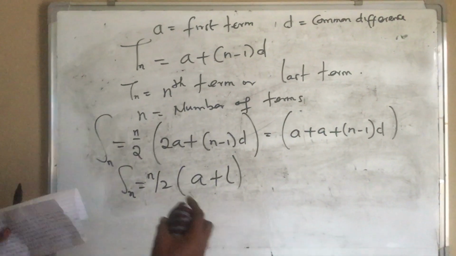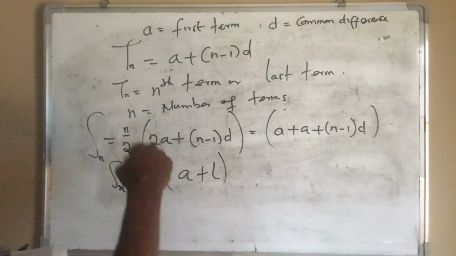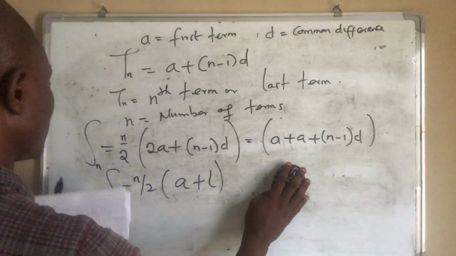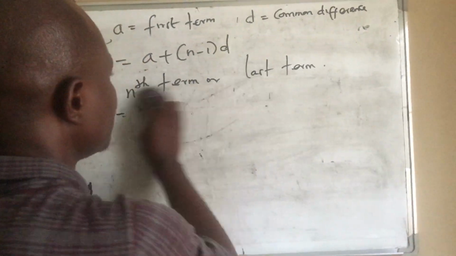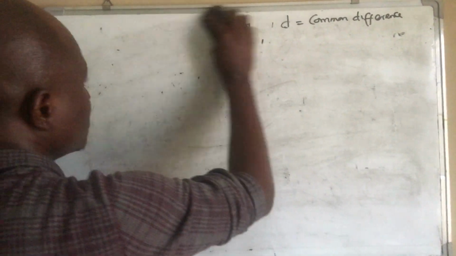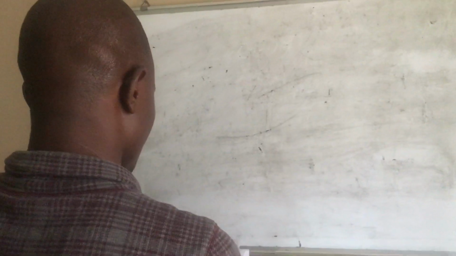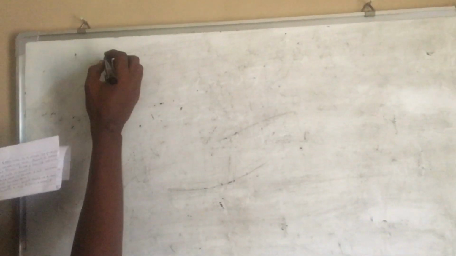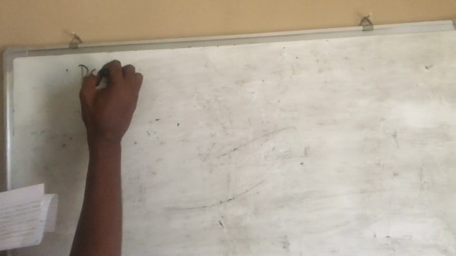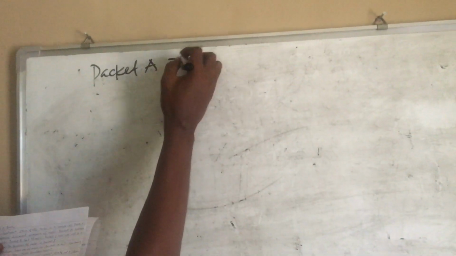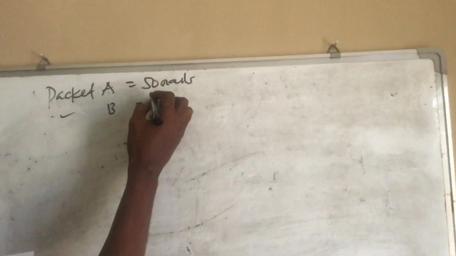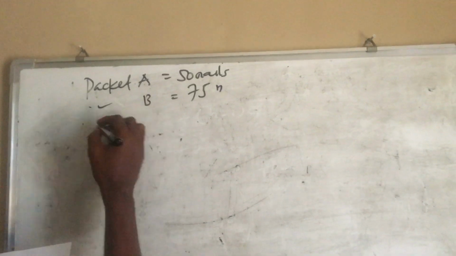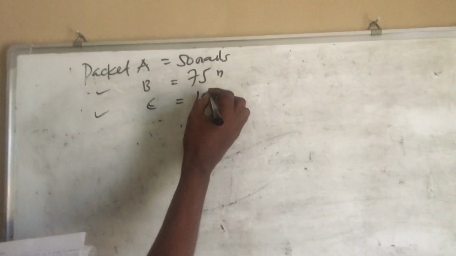Now that we know this concept, let's go to the question and solve it with this understanding of AP: we know the common difference, the nth term, and the sum. If we check the sequence in this question, packet A has 50 names, packet B 75 names, packet C 100 names.